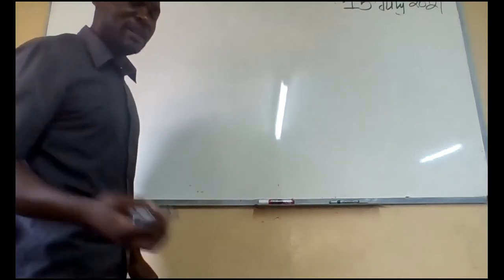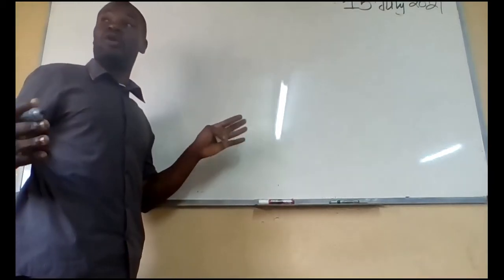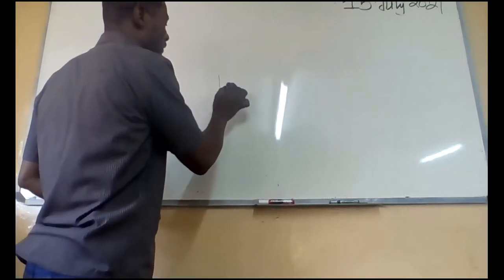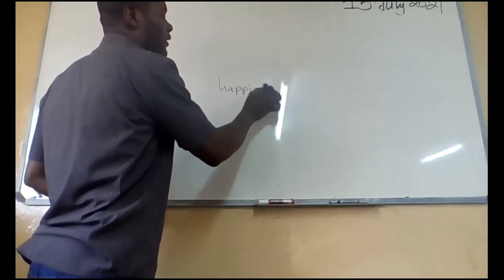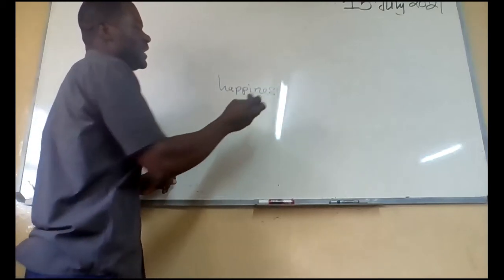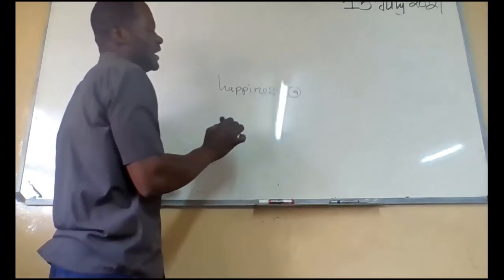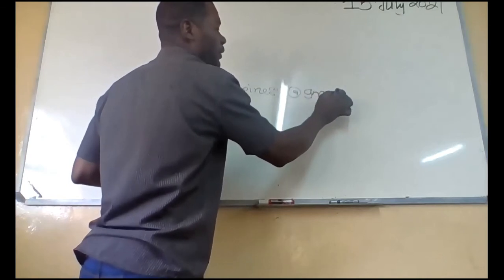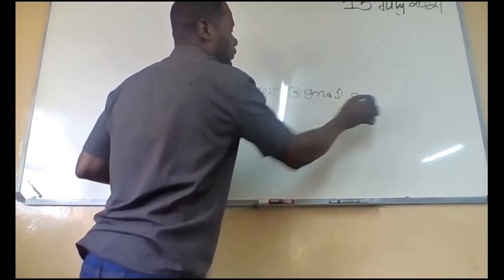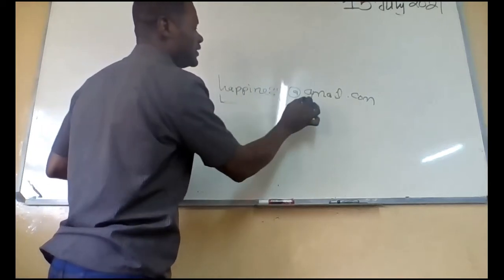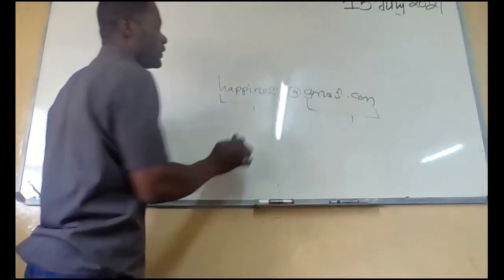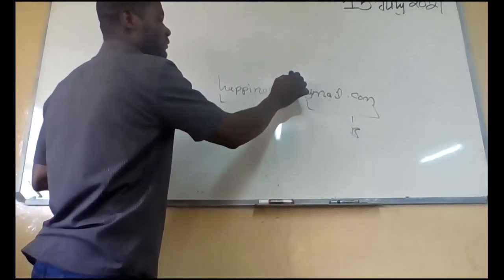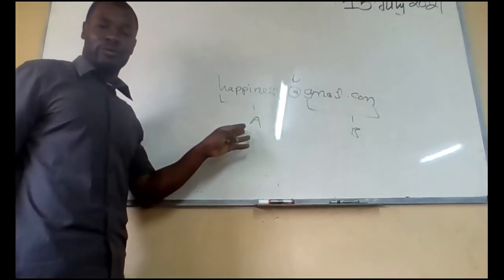If your name is Happiness and you want to sign up for a new email address, I will say Happiness, separated with the @ symbol, then the domain name, possibly gmail.com. So there is region A and region B, which are separated by the @ symbol.